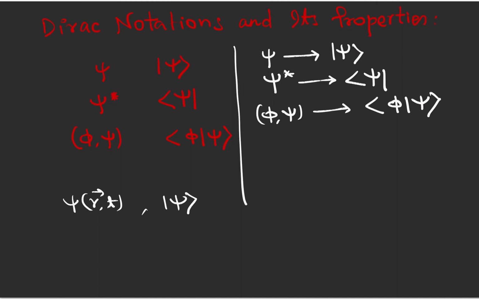For every ket, there exists a unique bra, and vice versa. The bra vectors are said to be the dual space of the Hilbert space.